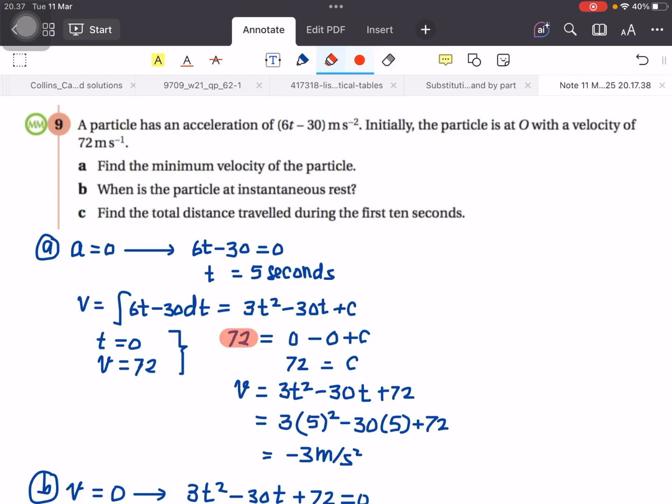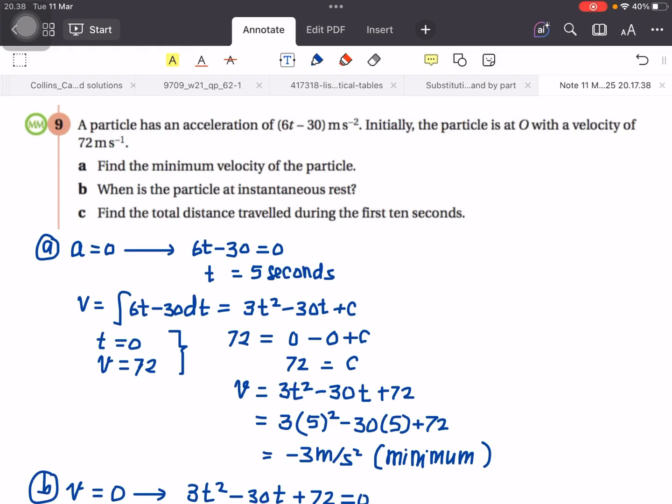Just replace the v with 72 and the time with 0, and we can find that c is equal to 72. And then after that, we can input the value of t equals 5 seconds in this equation to find the minimum velocity. So the minimum velocity of the particle is negative 3 meter per second. This is the minimum velocity.